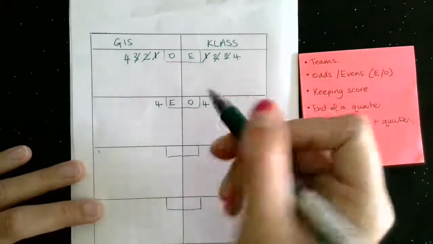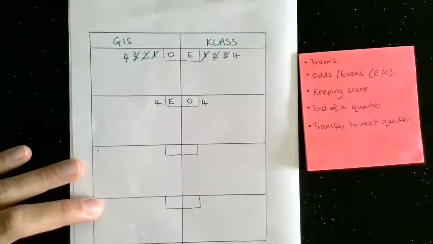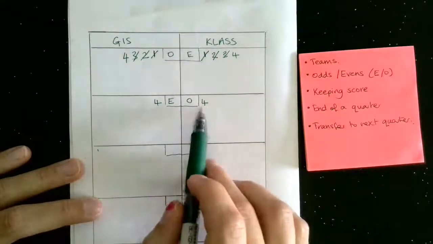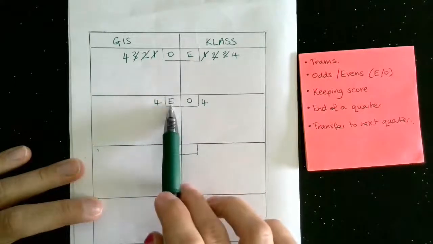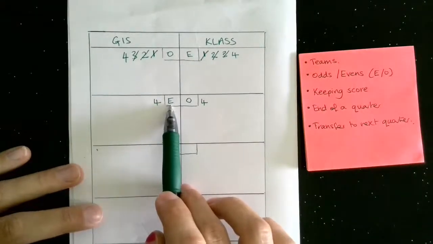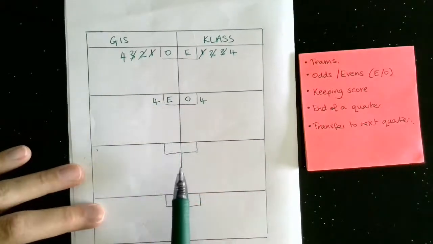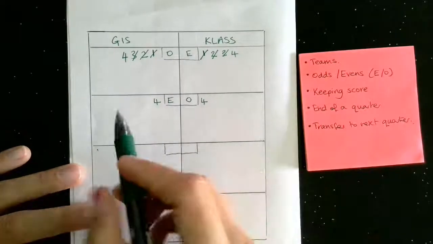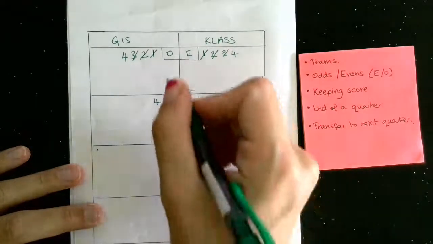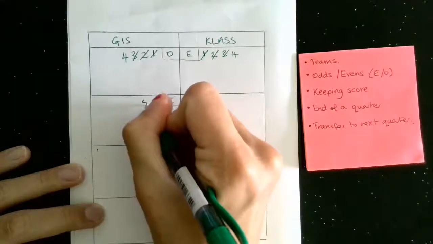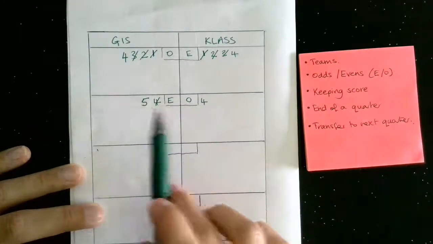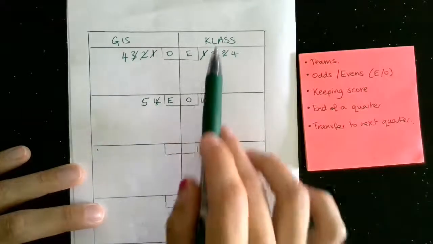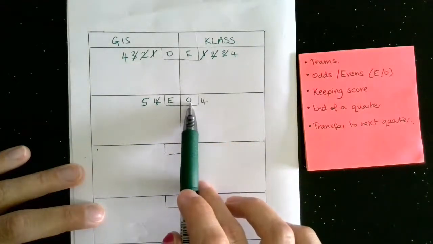Now, let's say in the next quarter, we should know straight away 4 plus 4 is 8, that's even, so GIS will be taking the next centre pass. So in the next quarter, let's say one goal is scored, so it's 5, and 5 plus 4 is 9, therefore Class will take the next centre.